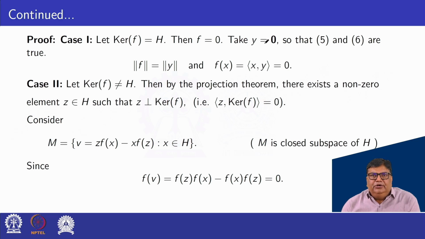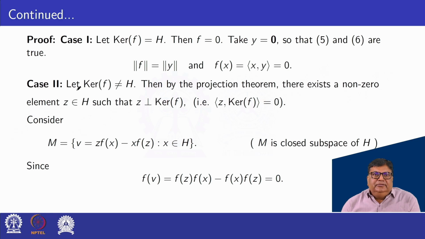Here y is equal to 0, so the inner product of x and 0 is 0. So both are true: norm of f is equal to norm of y and fx is equal to the inner product of x and y, if kernel f is equal to H.